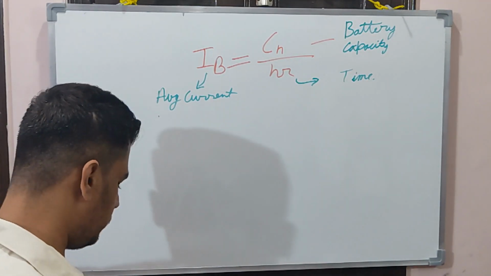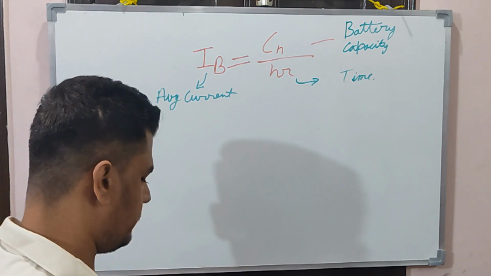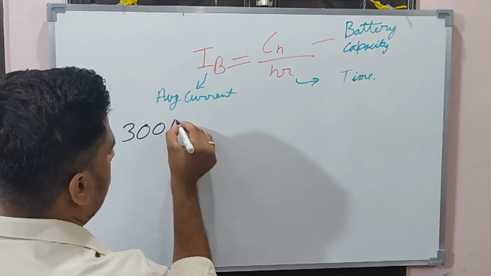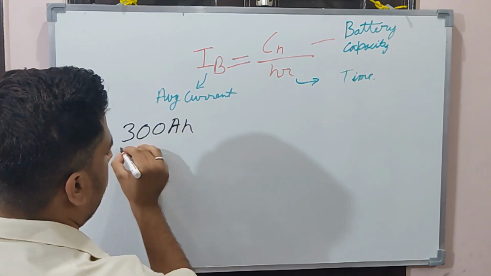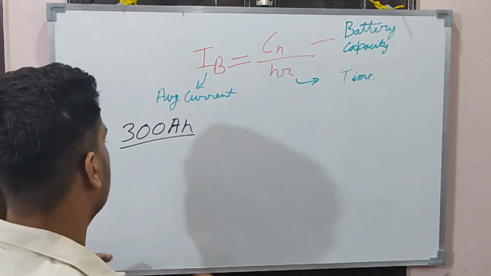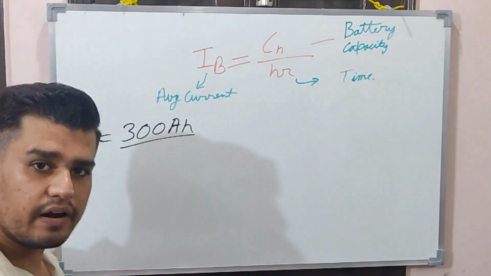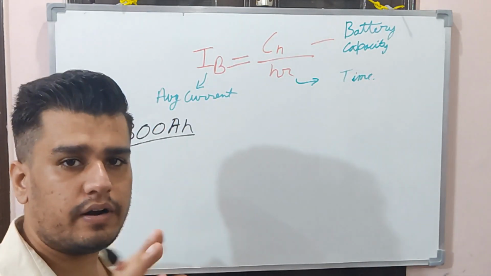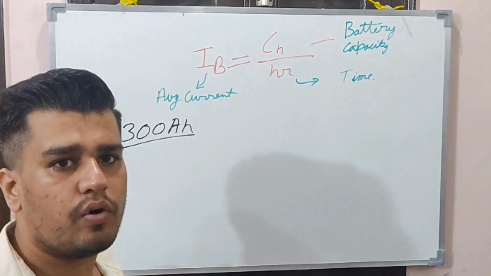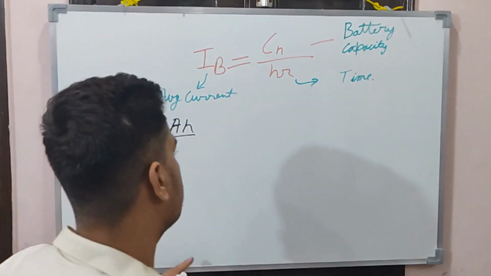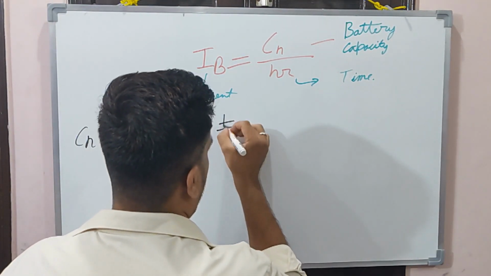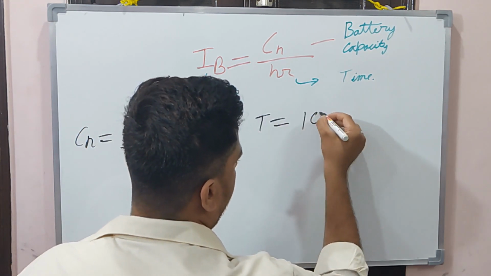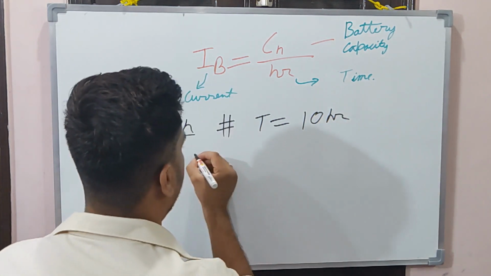which can be drawn from the battery. Let us suppose I take a 300 ampere hour battery. So CAh will be 300 ampere hours and I want to run the load for 10 hours. So what will be our IB?